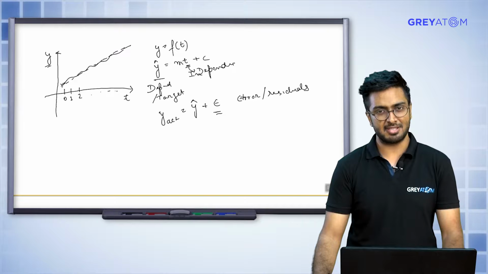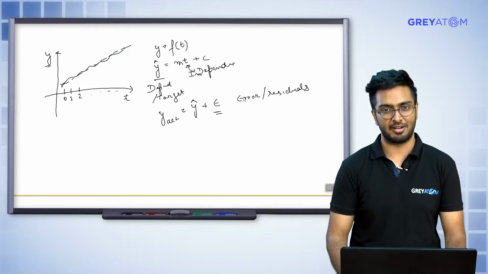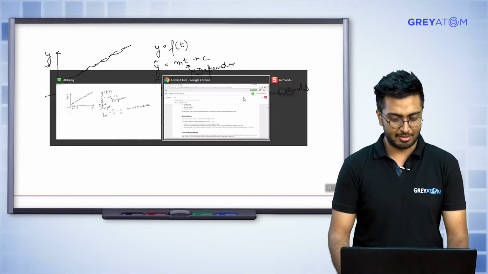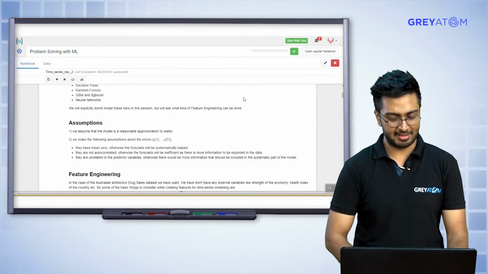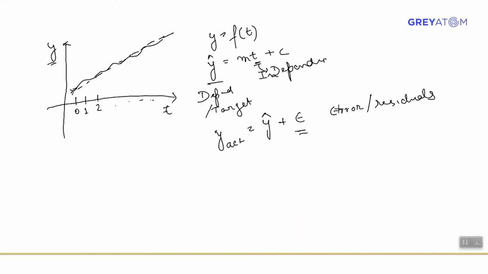And there are some assumptions that were there when we did linear regression, assumptions on our error, right? The same assumptions still hold in this case. So these are the assumptions. Obviously they have to have mean 0. This is how your error should look: if this is your error and this is your time t, your error should look random like this, around the 0 line.